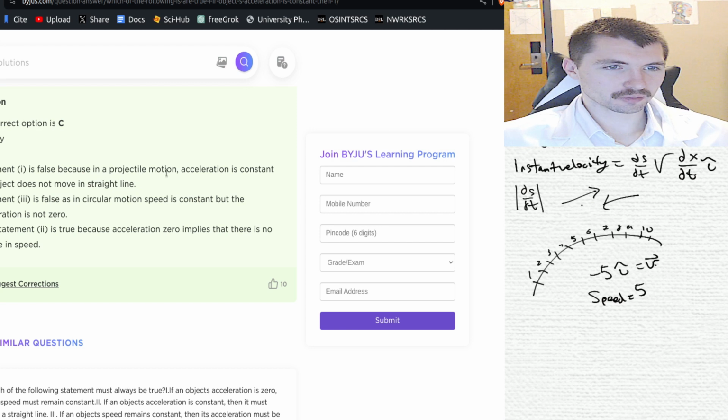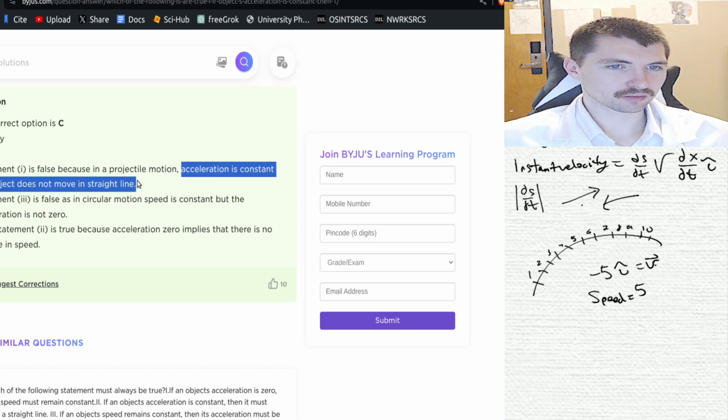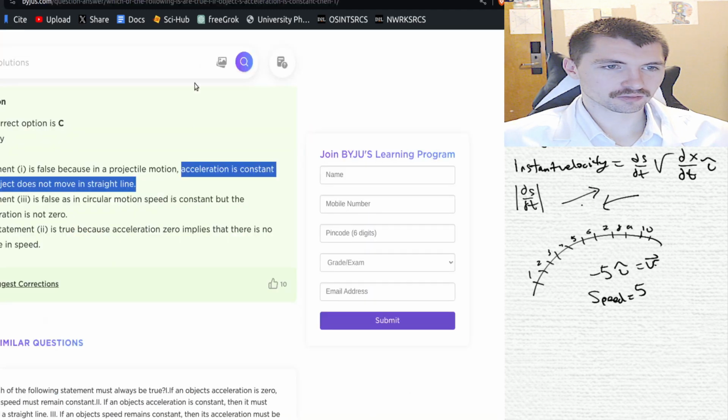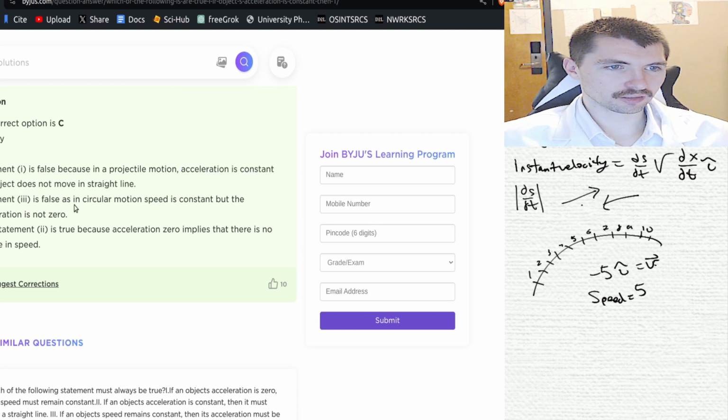In projectile motion, acceleration is constant. In circular motion, speed is constant.